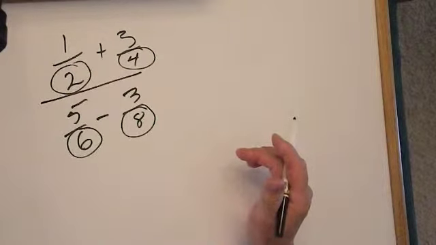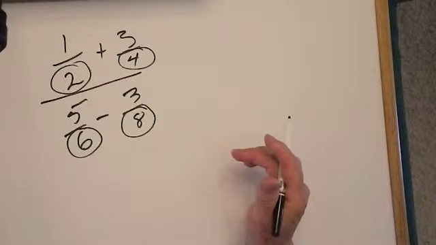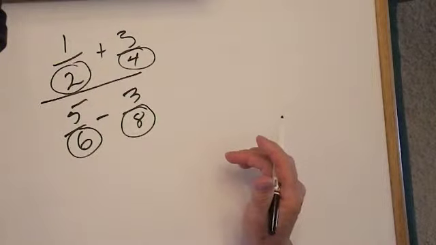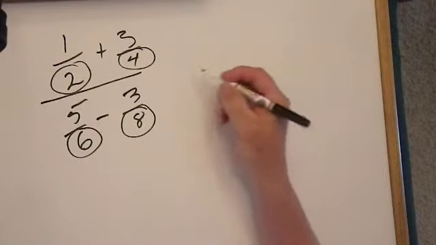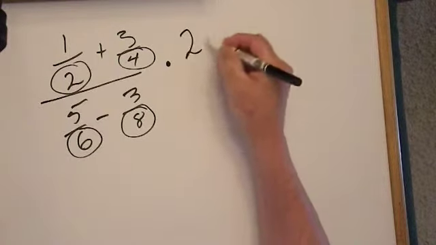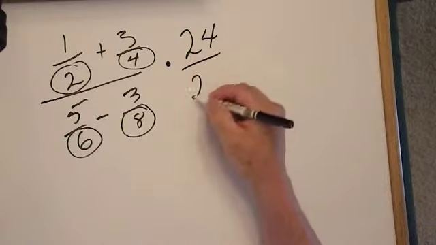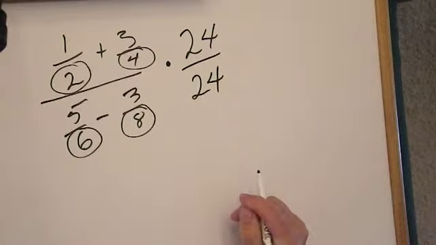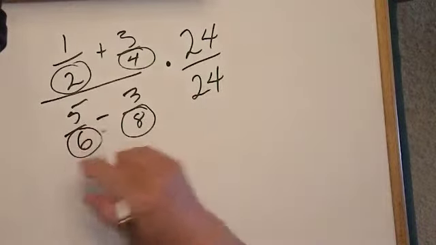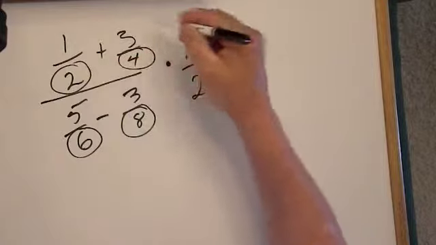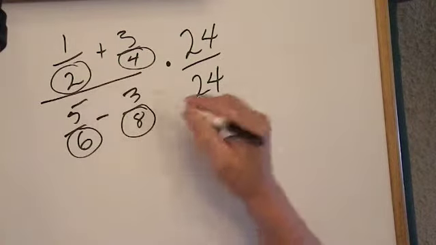So now we're going to multiply this fraction by 1, but 1 is going to be represented as the least common multiple over the least common multiple, so 24 over 24. When we multiply fractions, we multiply numerator by numerator and denominator by denominator.